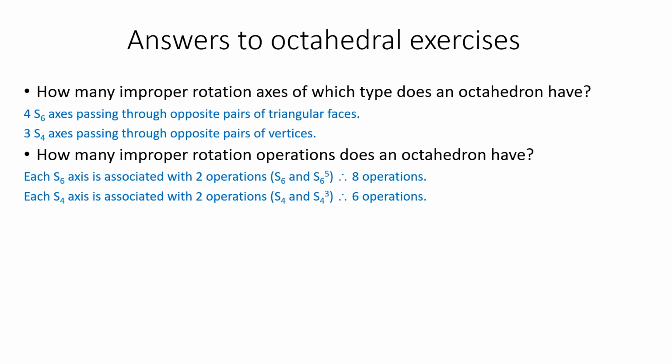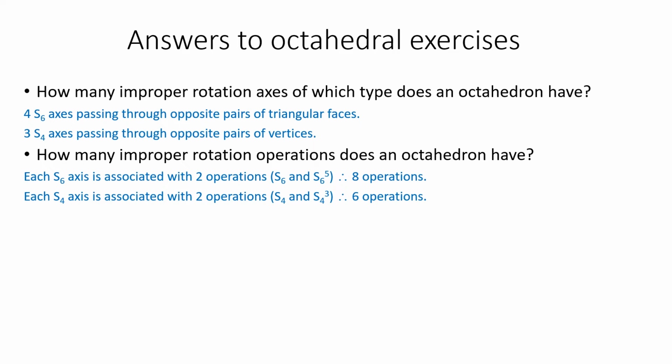And the reason is that when you do the S6 operation twice, yes, there are 2 60-degree rotations which would leave you with a 120-degree rotation, but you also do the reflection twice through that mirror plane, and obviously doing the reflection twice cancels itself out. And so when you do the S6 operation twice, you actually end up with a C3. So we can't invoke an S3 from that.